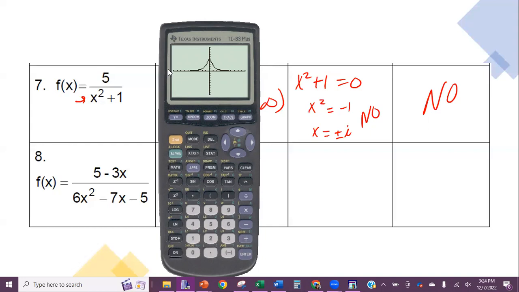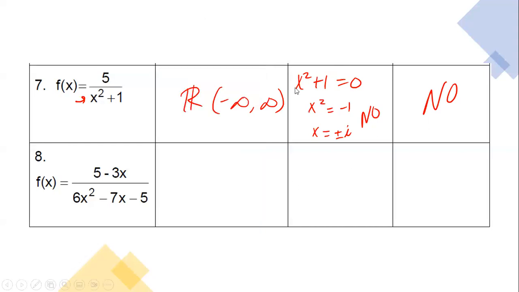Notice that there is not a vertical asymptote. If I look at my table, every value is defined. There are no errors occurring. That's because when I set the denominator equal to 0, we end up with imaginary values. So it's all real numbers.